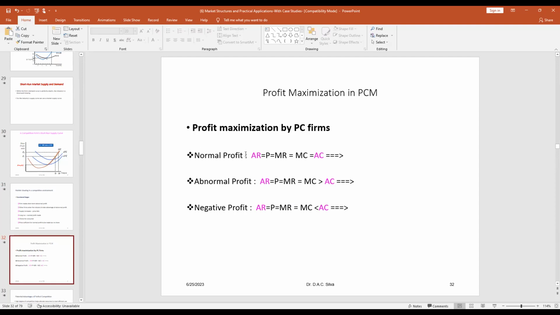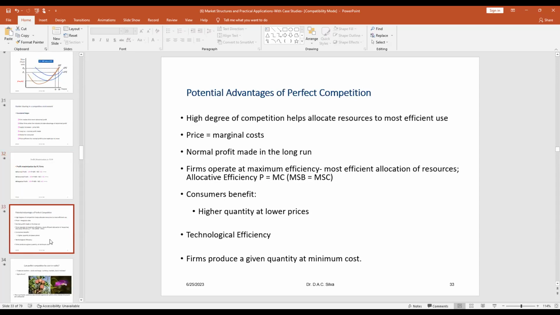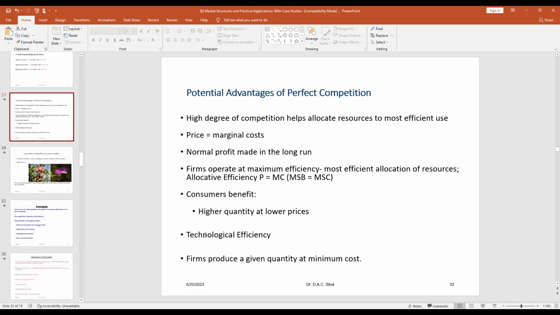Then you have the equation for normal profit: AR equal to P equal to MR equal to MC. This is very important to know. AR equal to AC, that is normal profit. All the others are equal actually. Abnormal profit: AR is greater than AC. Negative profit: AC is greater than AR. That equation relationship must be studied by yourself for your examinations.